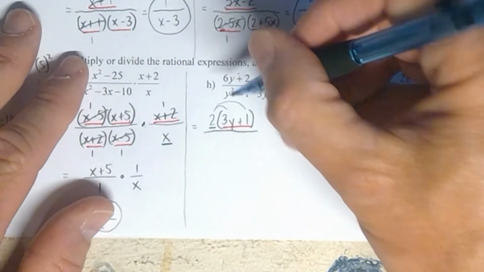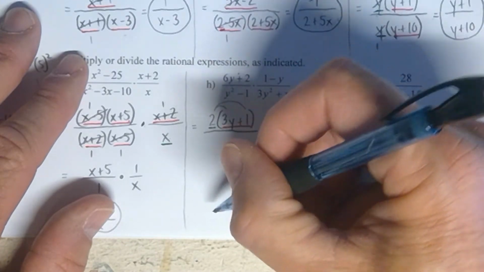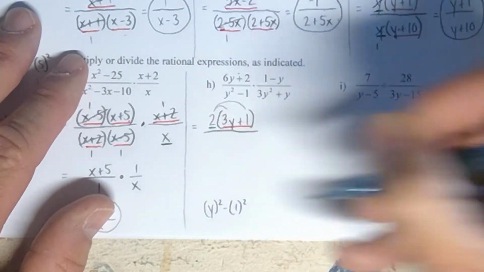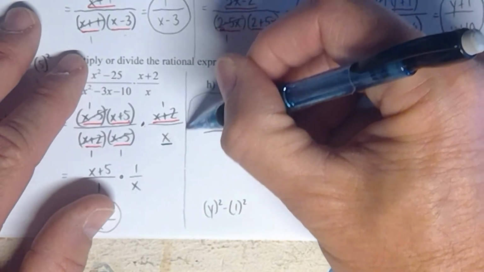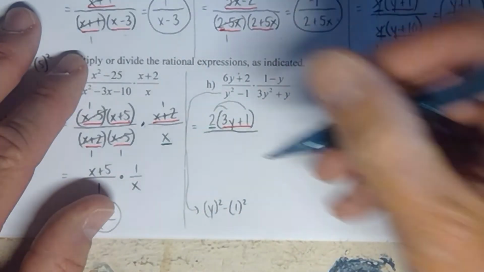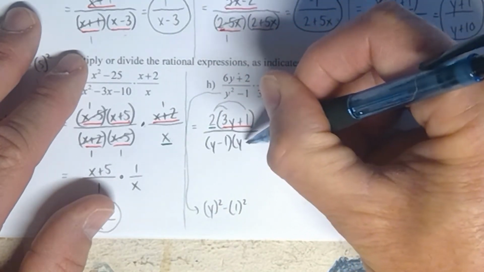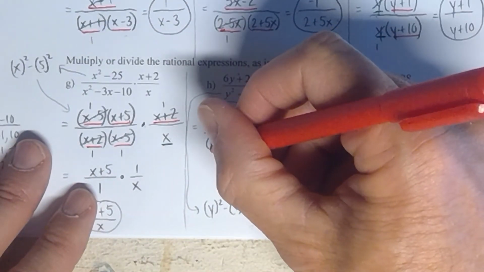Underneath that, don't we have y squared minus 1 squared? That's what this is. And so that's going to be y minus 1 and y plus 1. And that's a couple of red ones right there.